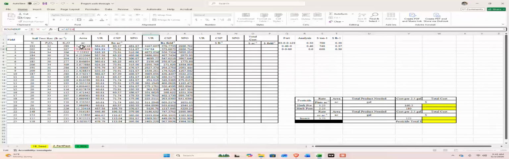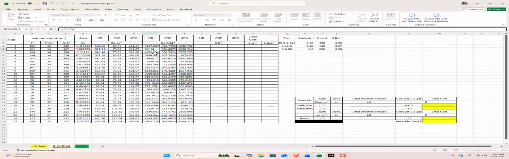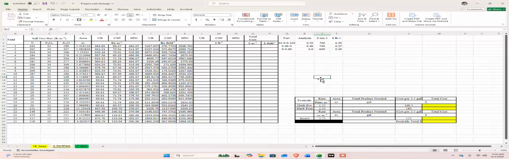See how that moved down? If we had made this an absolute, it would have always referenced this 5.14. But when we moved it down, you can see that it's going to keep going down the line for each one of those. So having an understanding of what the references mean is going to be important.